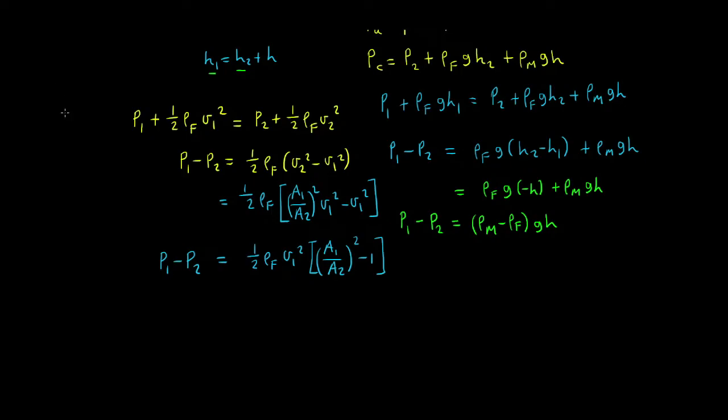And now we can equate these equations together. So that gives me 1/2 rho F V1 squared multiplied by A1 on A2 squared minus 1, which is equal to rho m minus rho f, times g H.